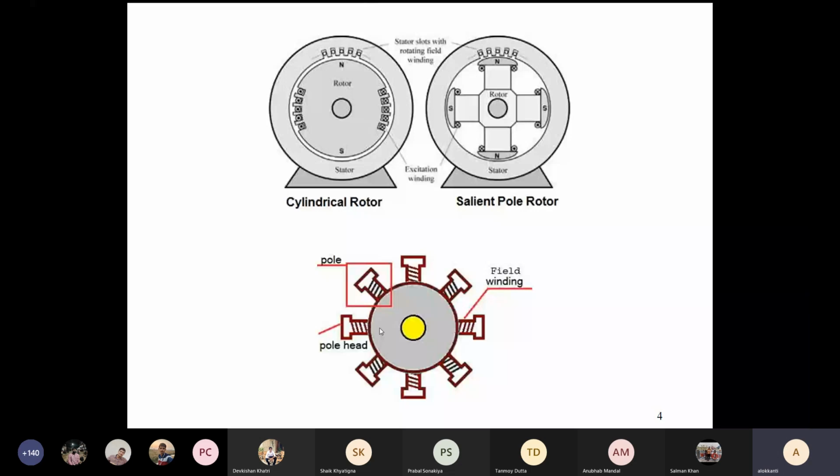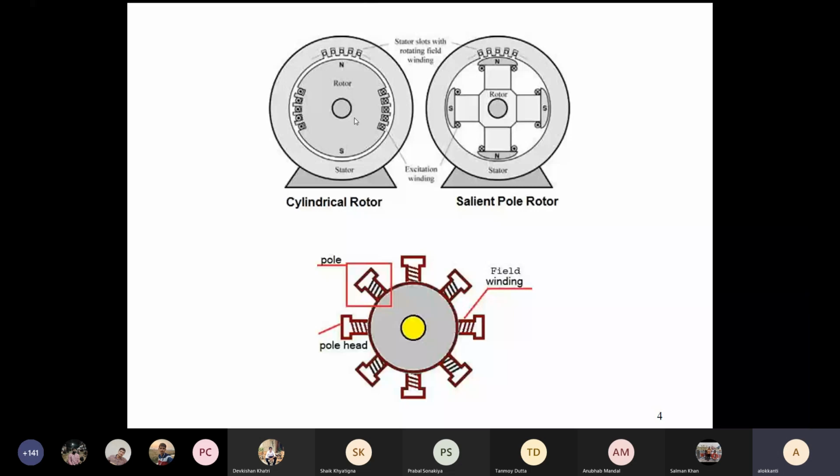But in actual construction inside the generator, it is cylindrical in shape, and this is how the windings are. For explanation's sake, we just said a bar magnet, north and south, but that magnetism is actually generated by a coil, by passing current through a coil.